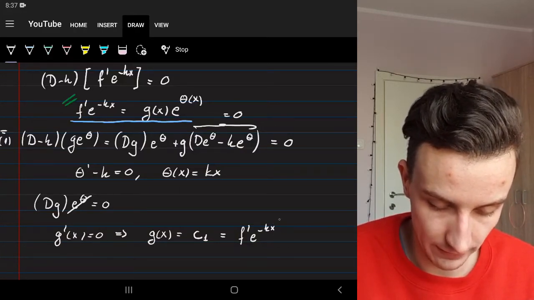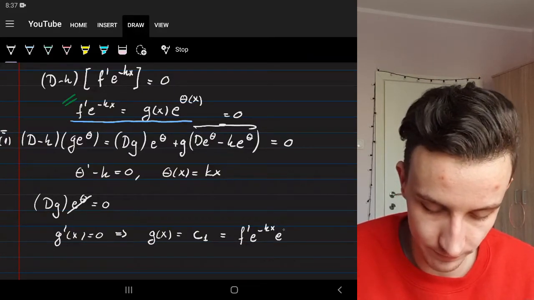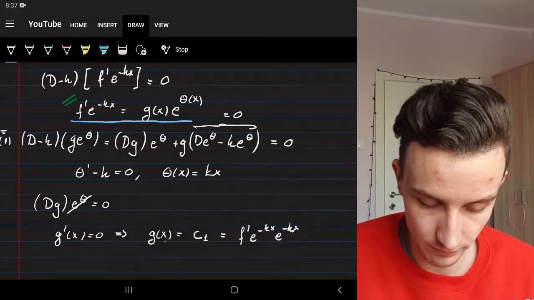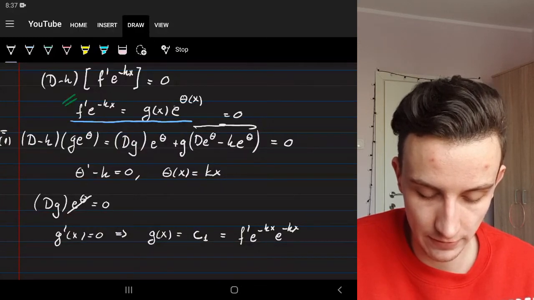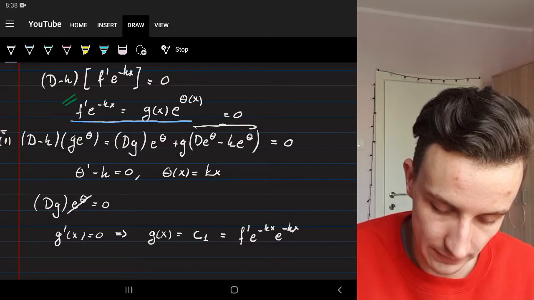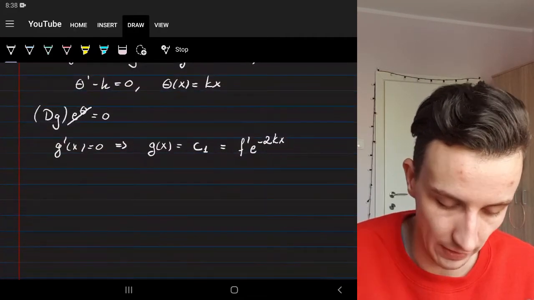So we're dividing by e to the theta, meaning we just get a minus. So again, e to the minus kx. See, g is equal to f prime e to the minus kx divided by e to the kx. We could, of course, put this as minus 2kx, which we shall.